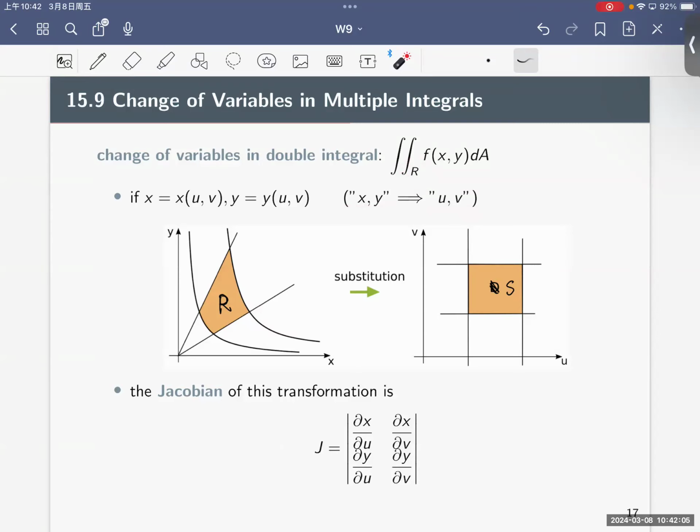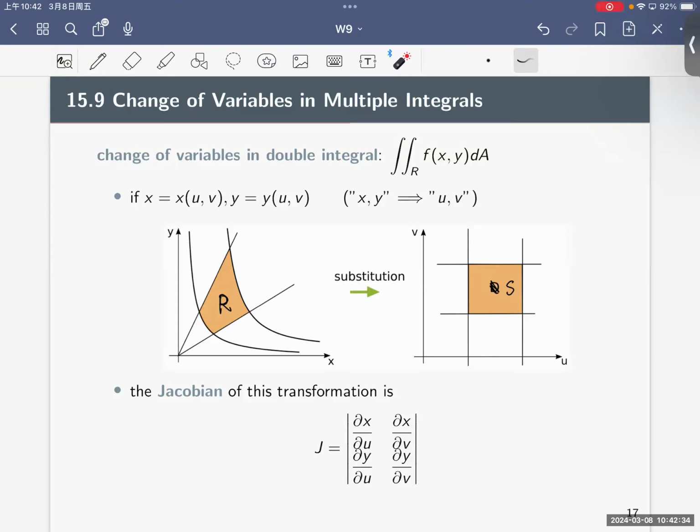Another thing is, we have a transformation from xy to uv, and we define the Jacobian of this transformation as this: partial x partial u, partial x partial v, partial y partial u, partial y partial v. And this is a second order determinant. Why we need this, we'll see later.